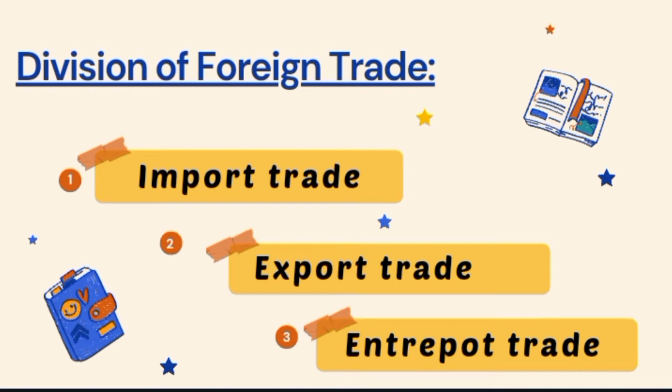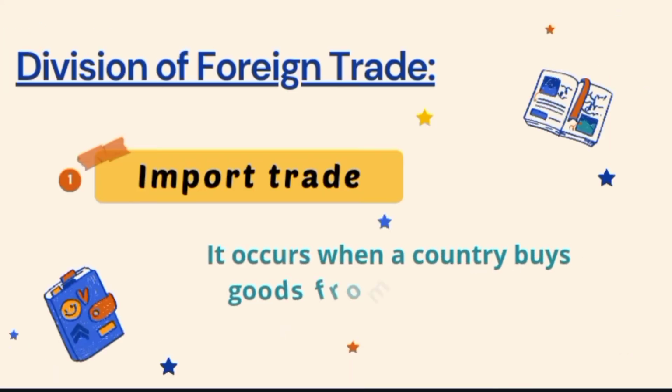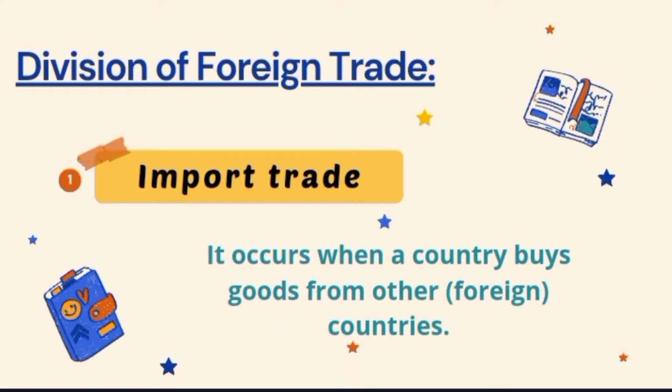The import trade has to do with the buying of goods and services from one country by another. Import trade occurs when a country buys goods from other countries. For example, when Nigeria buys goods from Ghana, it is known as import trade.